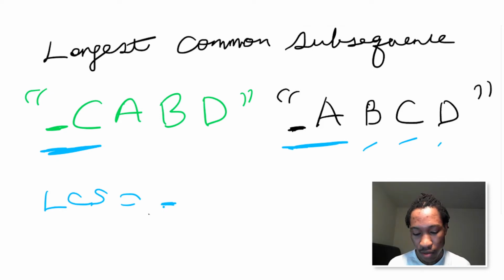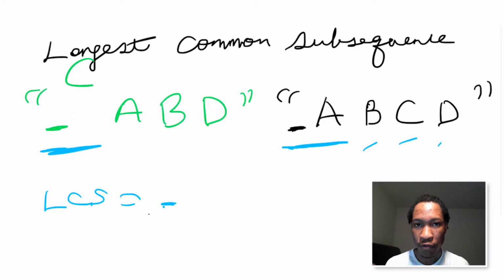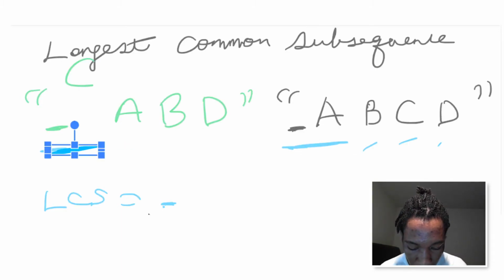What I mean by that is, we know that C and A are not equal, so we say to ourselves, well, what if we take out C from this first string? Let's say we take out C, and then we compare A to A.